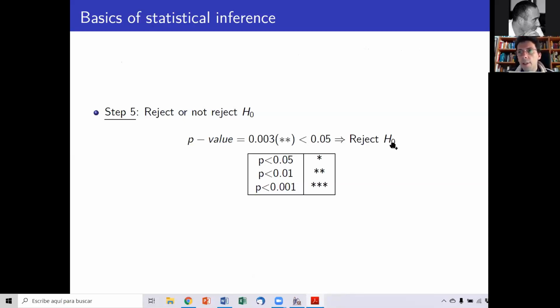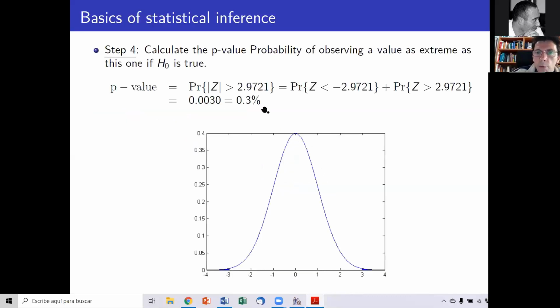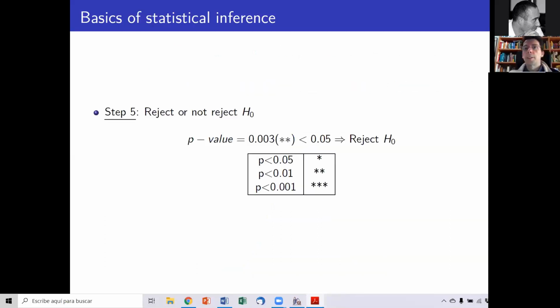There is so much evidence, and so much evidence is so many tablets whose average is this one, that I have to reject the null hypothesis that the machine is working correctly, because if the machine was working correctly, only in 0.3% of the experiments in which I take 20 tablets and compute the average, the deviation is as large as 0.6 or more.